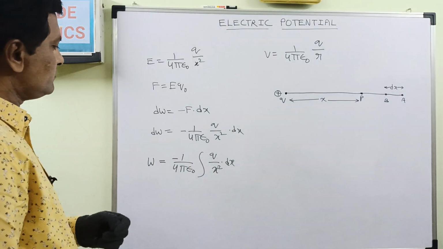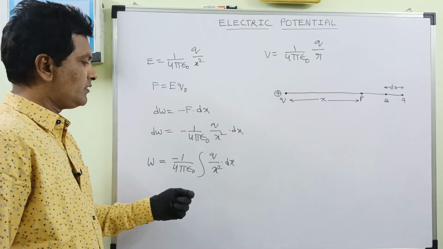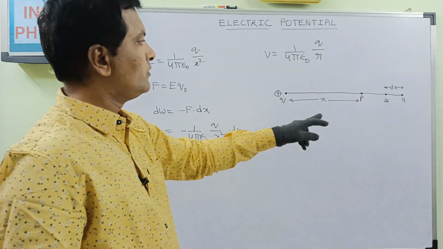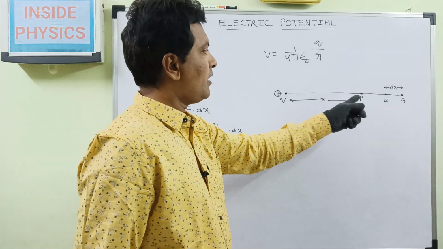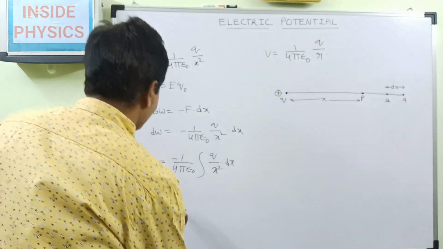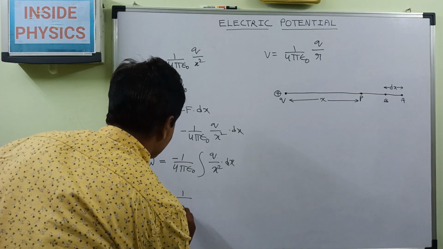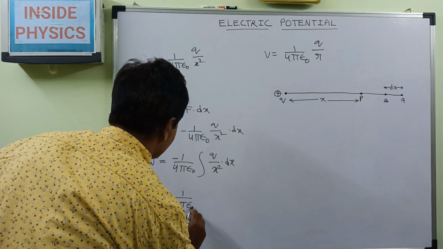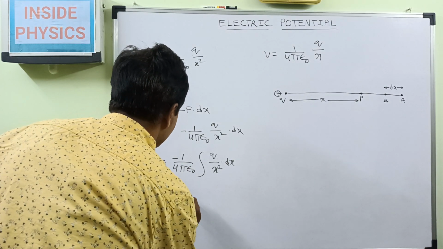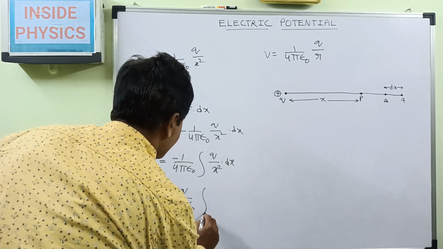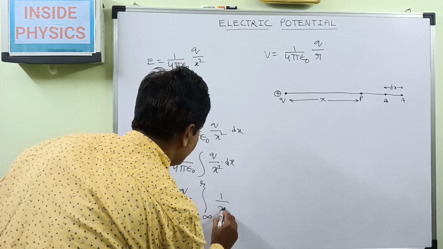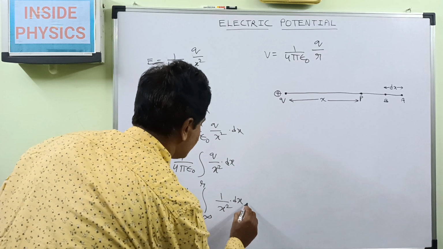This integration we should do between the limits infinity to a point r. So, q, and infinity to r, 1 by x square dx.